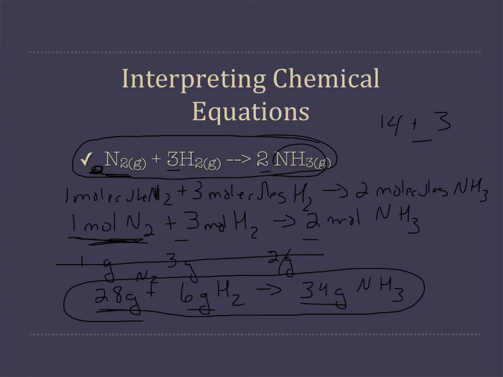There is one other thing that we can do here. In this particular case, they're all gases, so the ratio for gases would also be the same as all of these other ones. So I could say 1 liter of nitrogen plus 3 liters of hydrogen gives me 2 liters of NH3.